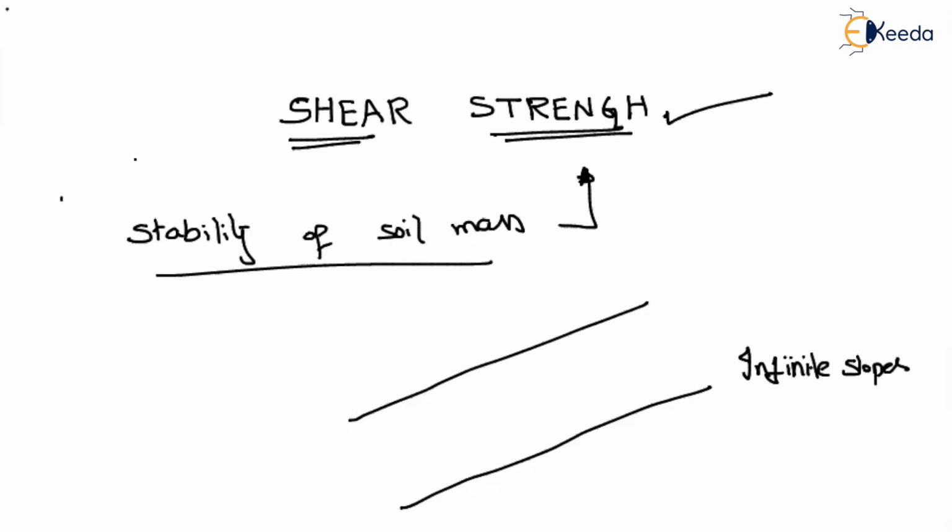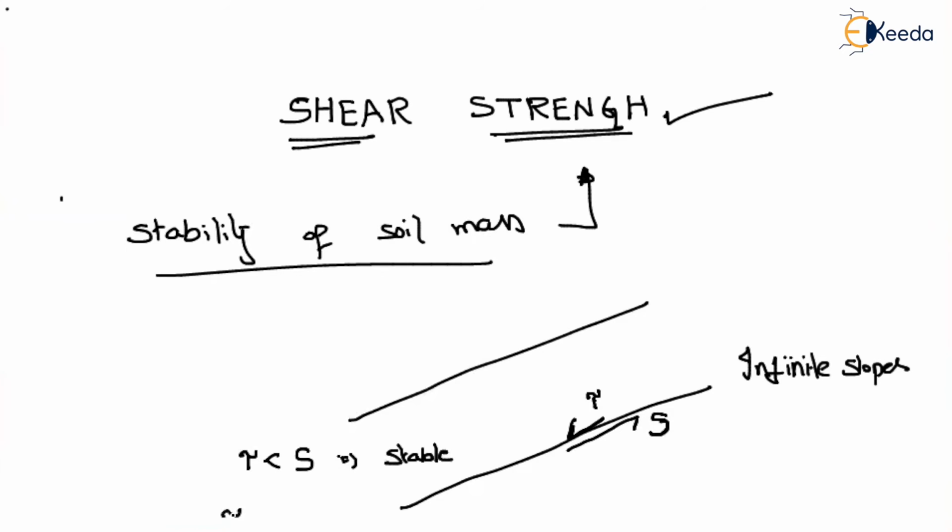Depending upon the type of problem, we have to analyze the stability of the soil mass. Let us assume that on this plane the shear stress acting is tau. To resist it, the resisting force should act in the upward direction. Let us say the shear strength of the soil is represented by S. If your shear stress is less than the shear strength of the soil, then your strength is more compared to your stresses, so we can say that the soil mass is stable.